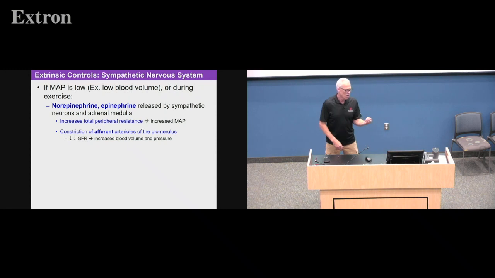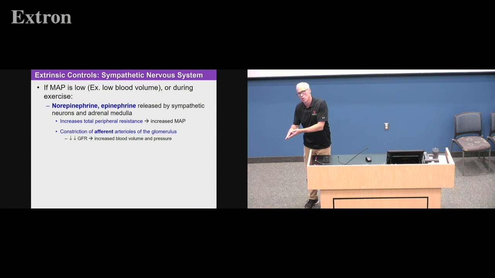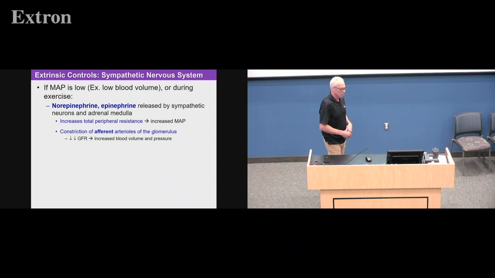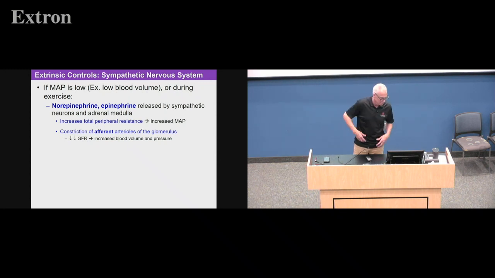We said that one effect of that is going to be to redistribute blood flow from some organs by causing vasoconstriction, reducing their flow, so that that blood flow, that part of the cardiac output, can then be delivered to the working muscles during exercise or during some dramatic response to a challenge.